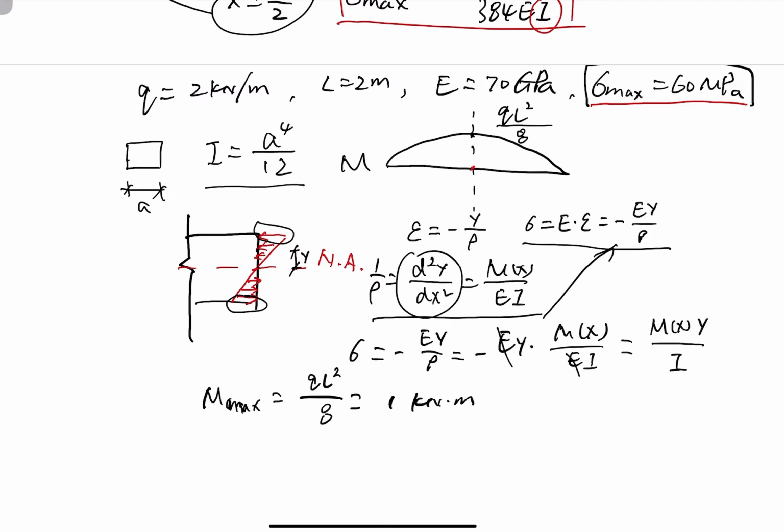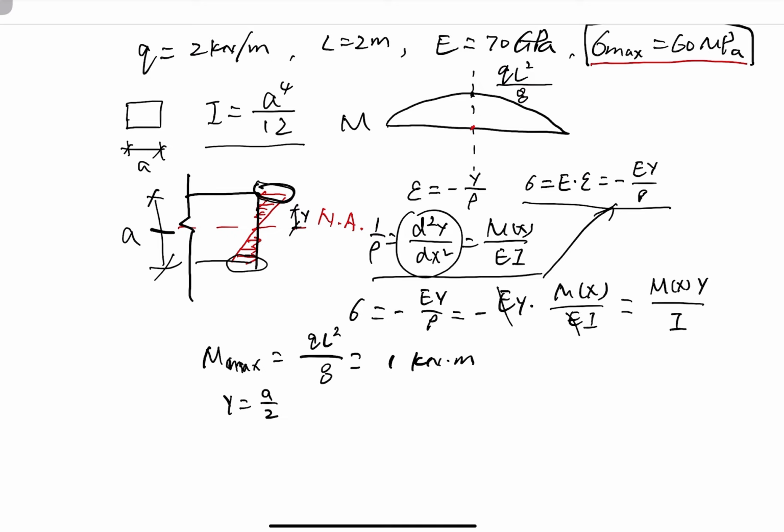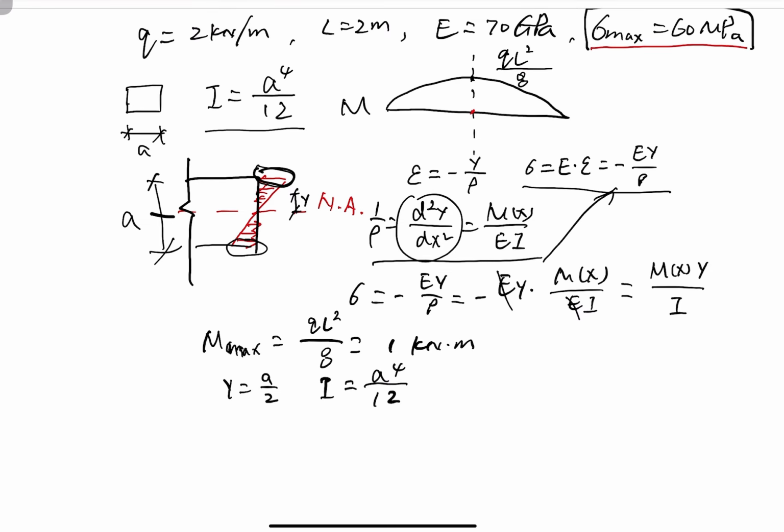The maximum stress on the cross section is at the outer surface, where y is equal to a over 2, because the dimension of this cross section is a, so the outer surface is half of that dimension. And we know I is equal to a to the fourth power over 12. So we can plug these two into this expression.